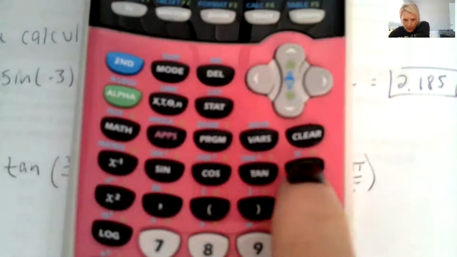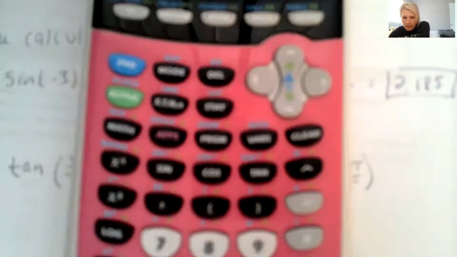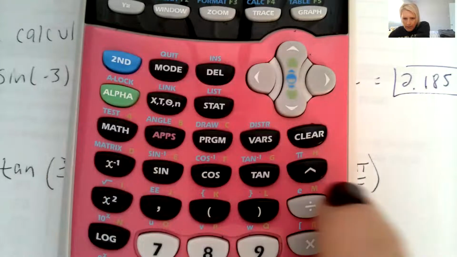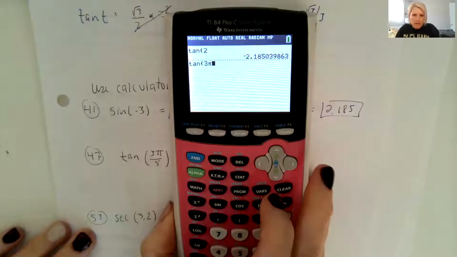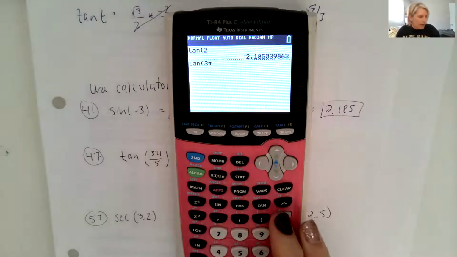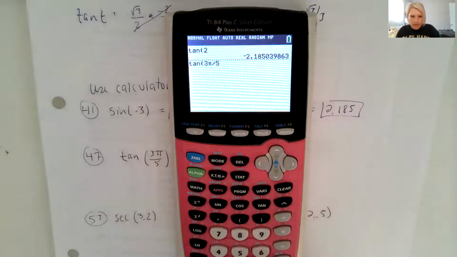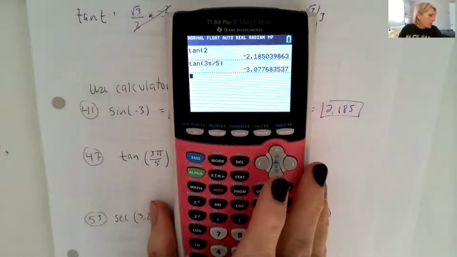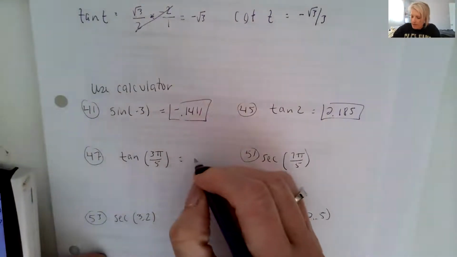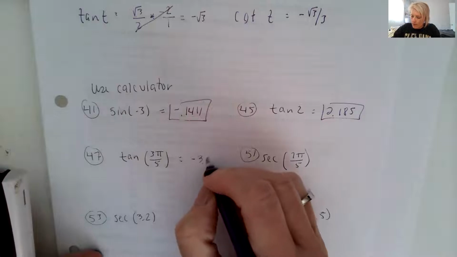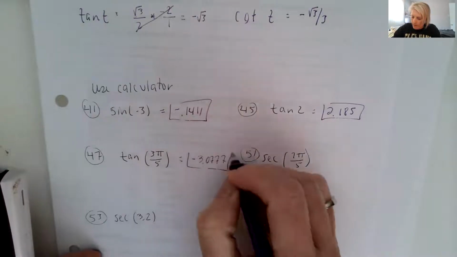See, in blue above the caret key, you can barely see it here, is the pi, right there. So 3 pi, and then we're going to divide that. It says 3 pi divided by 5. And a right parenthesis to close it, and we should get a negative 3.0777.